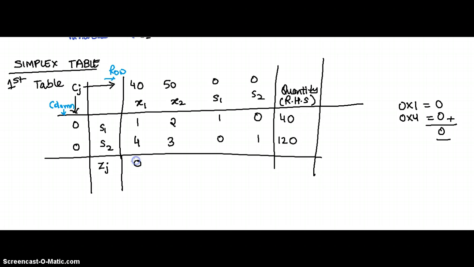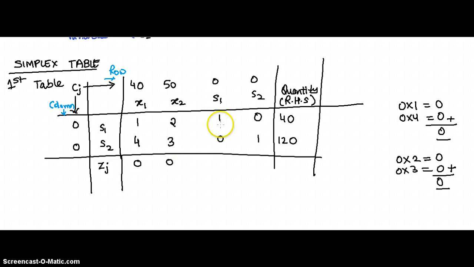So this value comes here. Similarly, if we want the value over here, 0 multiply 2, which is 0. Then 0 multiply 3, which is again 0, and then add them. Remember, we always have to add them. It is 0.